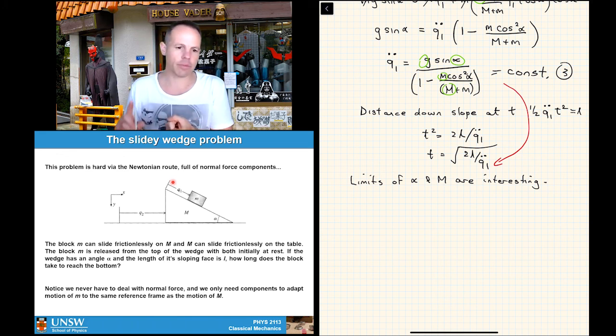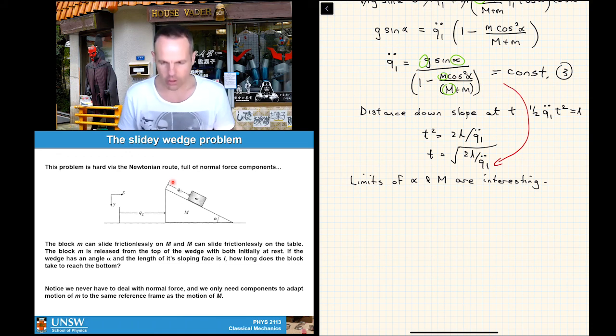Part C, consider the limit of alpha, convince me that the behavior makes sense. D might be whatever. In exams the problems are more specified than in something like a tutorial or an assignment problem, which likes to give you scope to play with it, right? So there are two limits that are interesting.